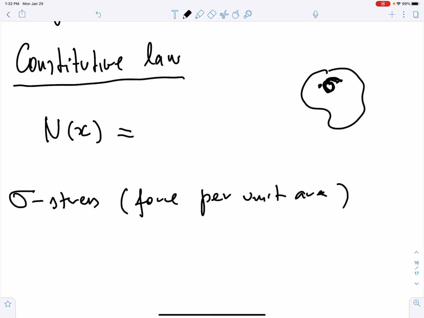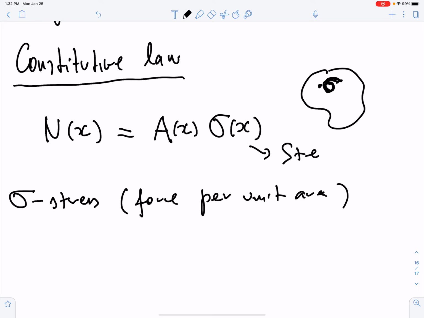And so then you can express the force as A, a function of x, times sigma, a function of x. This is stress. This is the cross-sectional area, A.